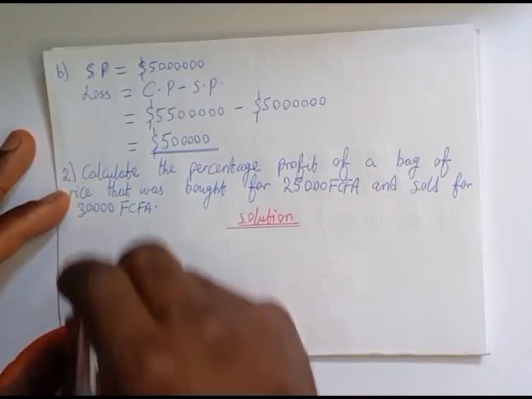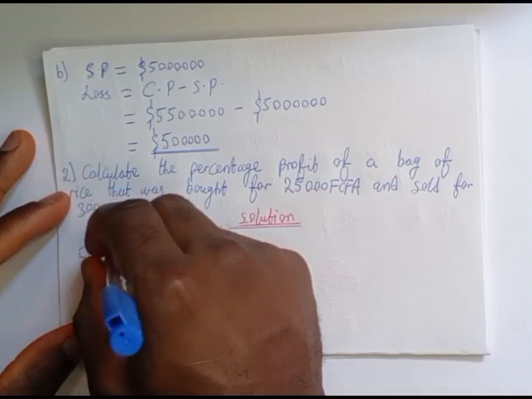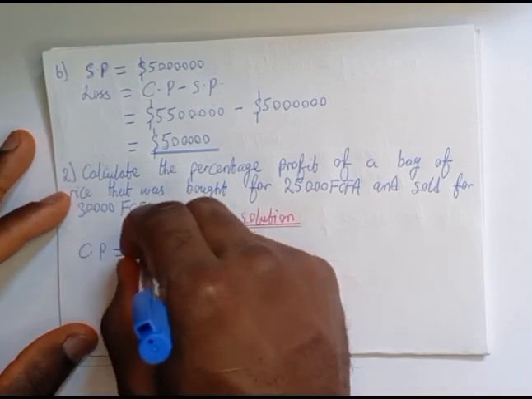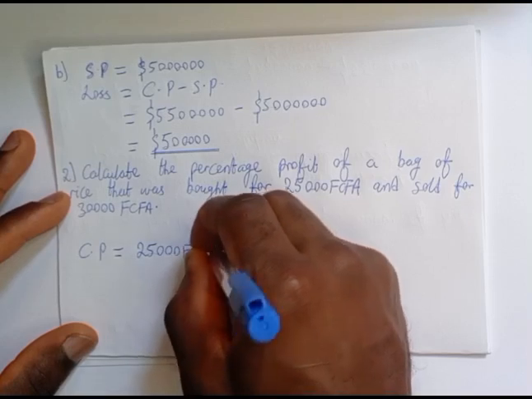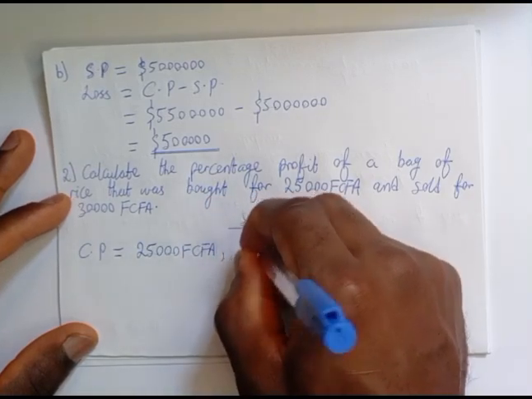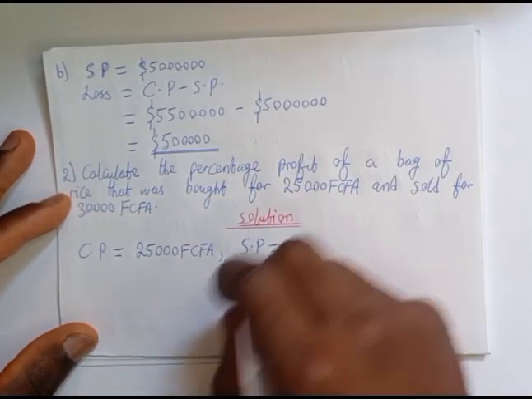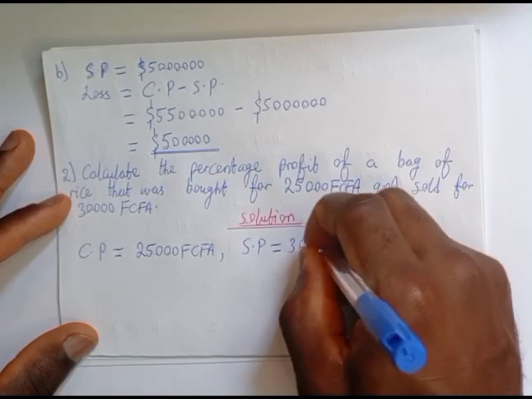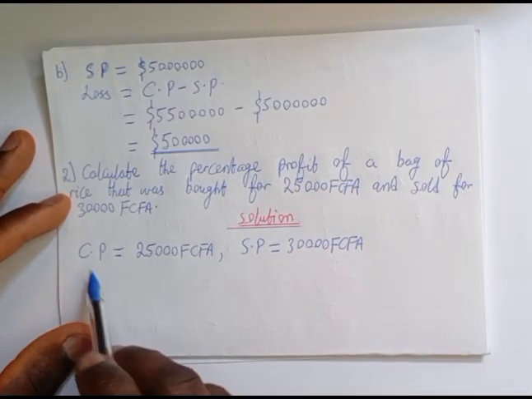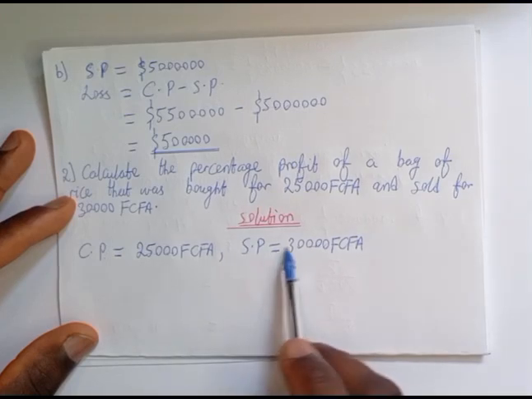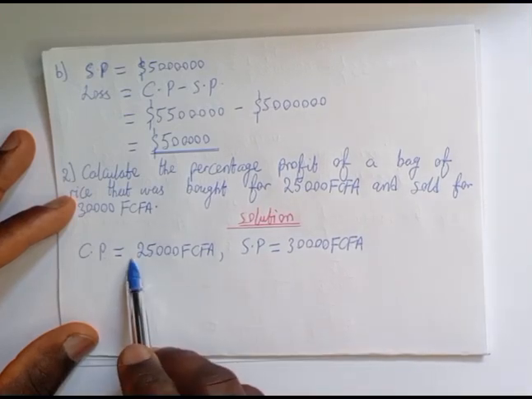From the given problem, the cost price of the bag of rice is 25,000 francs CFA and the selling price is 30,000 francs CFA. In this case, comparing the cost price and the selling price, you see that the selling price is greater than the cost price.